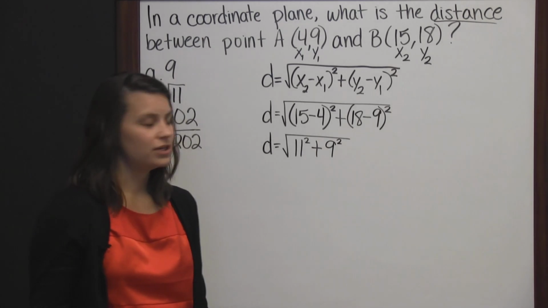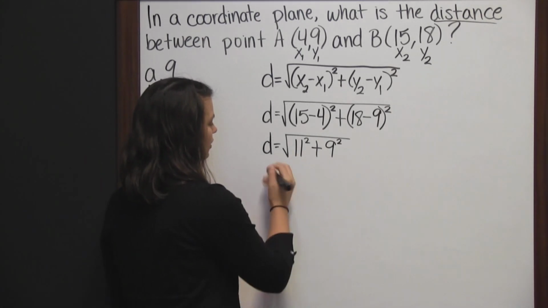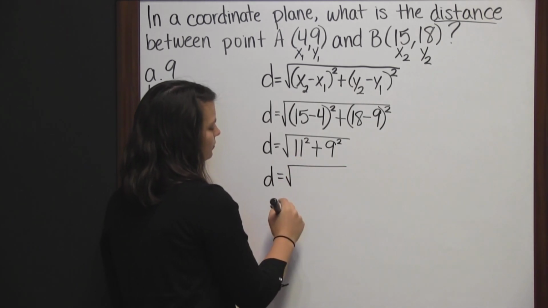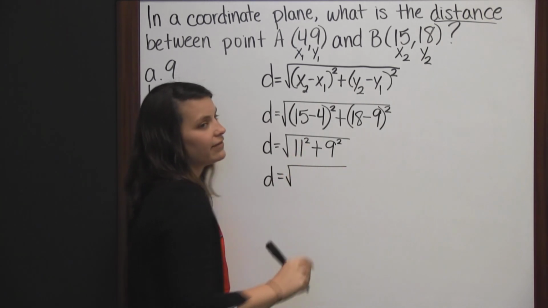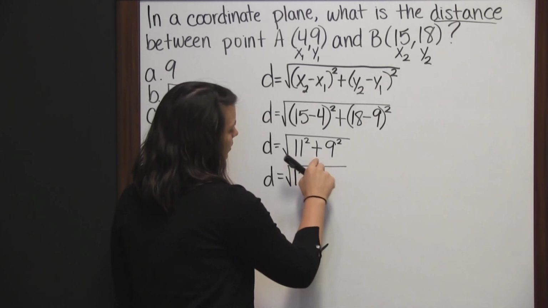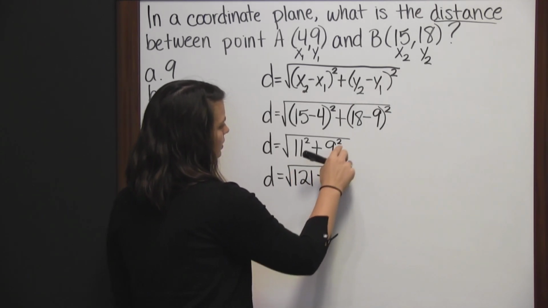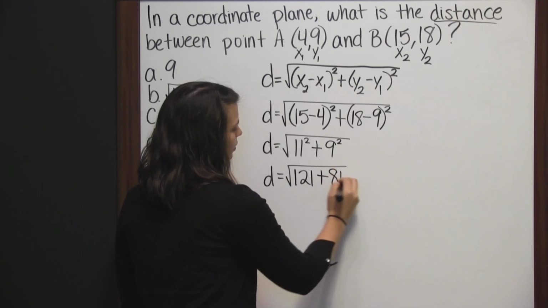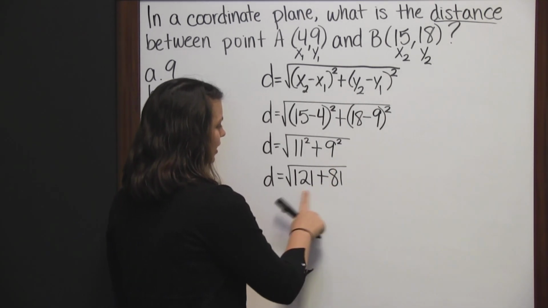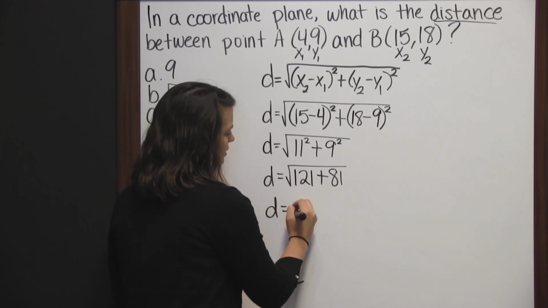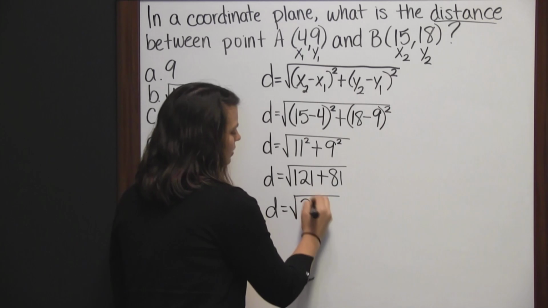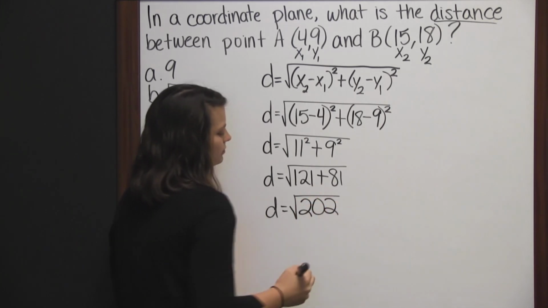Next, we take care of our exponents. 11 squared is 11 times 11, which is 121, plus 9 squared is 9 times 9, or 81. Then we need to add. So the distance equals the square root of 121 plus 81, which is 202.